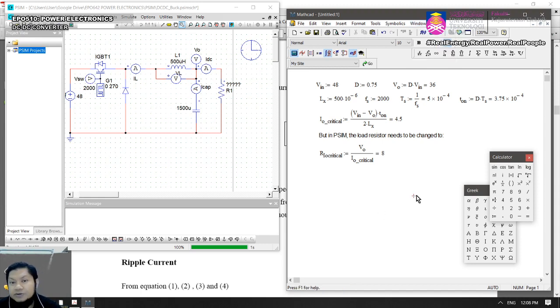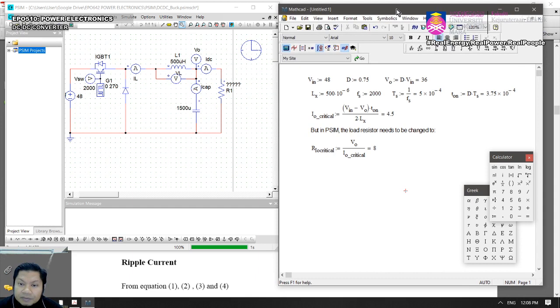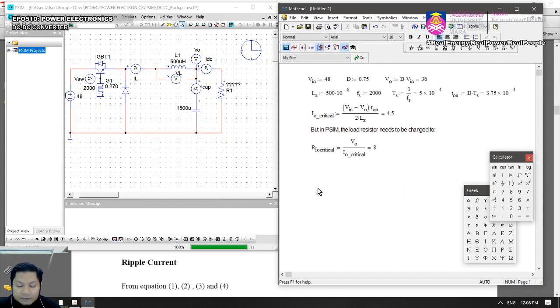So use the MathCAD here, right? For V in, you just type V, and if you want to make it a subscript, you hit the dot button, so it becomes the subscript, and then you put in.